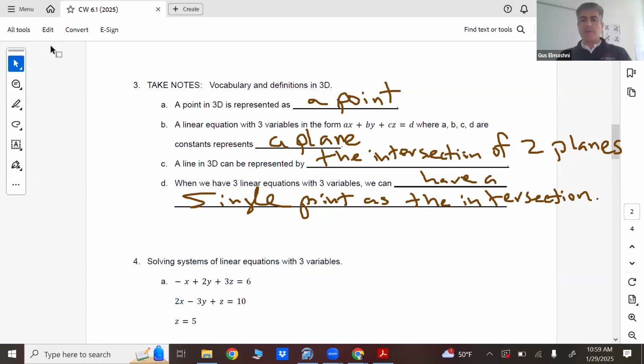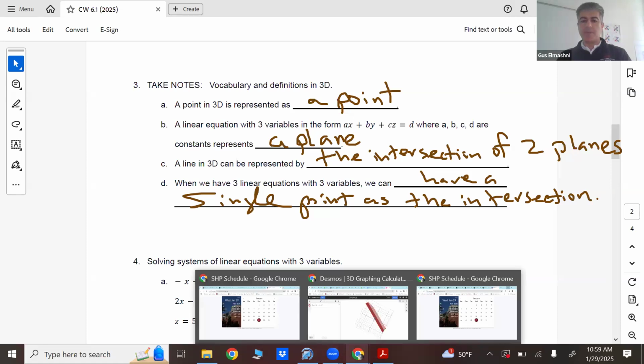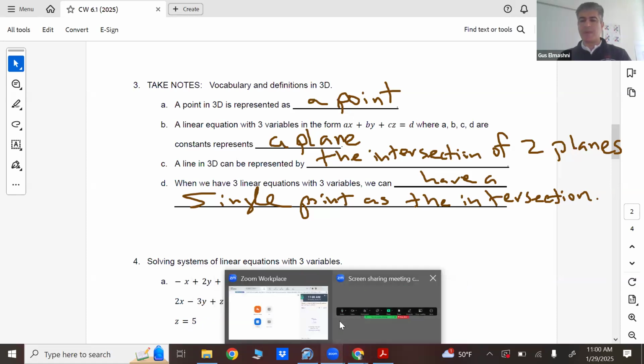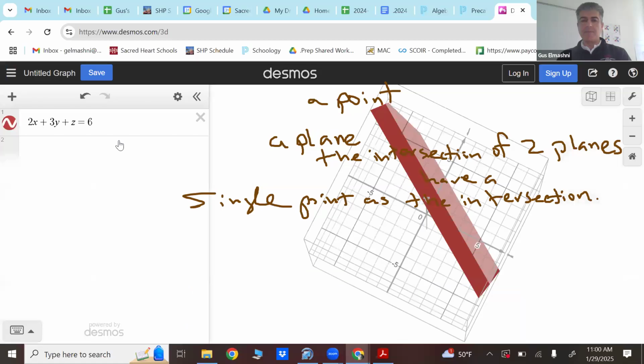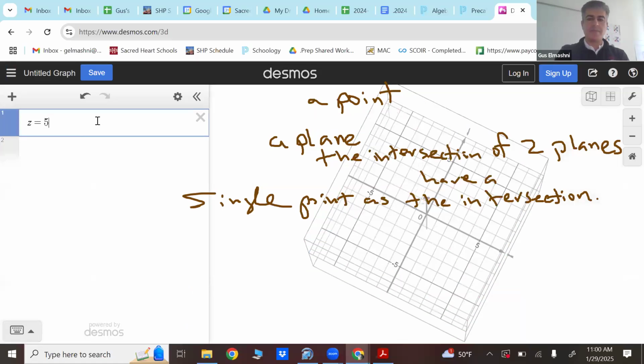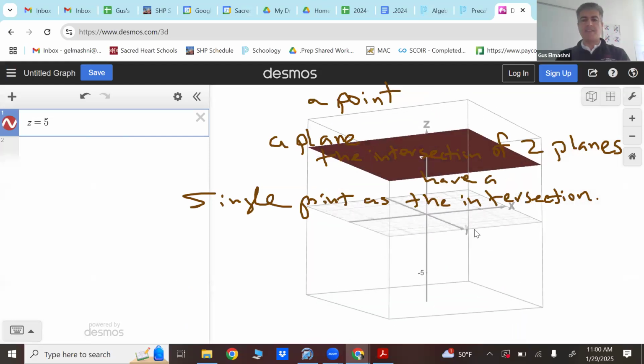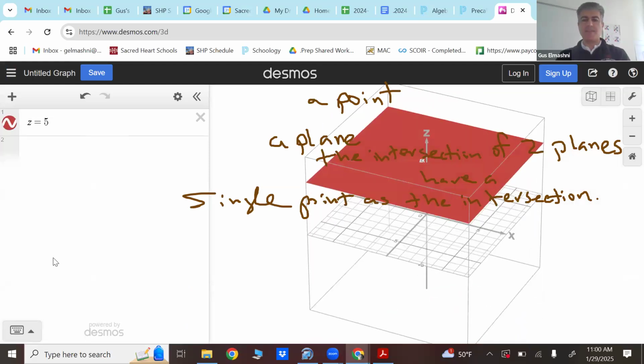So one thing, if I go back to Desmos one more time, this is going to look kind of trippy. We're going to plug this in because I do want to see what happens. Do you guys get this if you type in z equals 5?